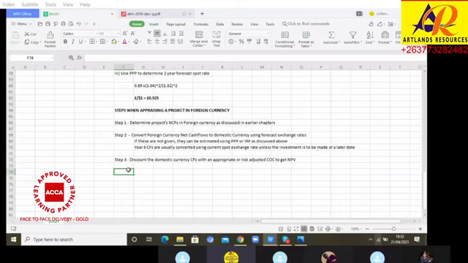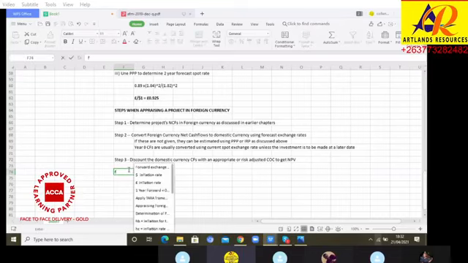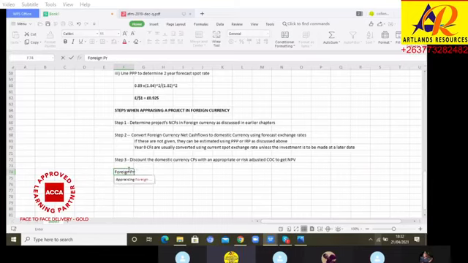So let us say foreign project cash flow template. Let us assume that our project is just 2 years.